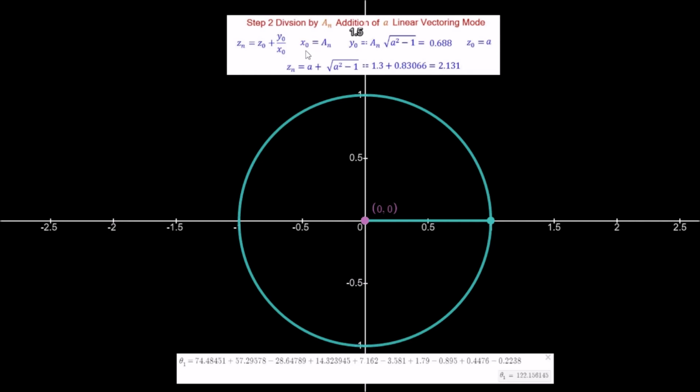Now we start off with the value x0 is equal to An, which is our gain factor. So this value is 0.82816. So that's the value for our x. Now the value for our y is going to be the output from the previous stage. So that's going to be 0.688.